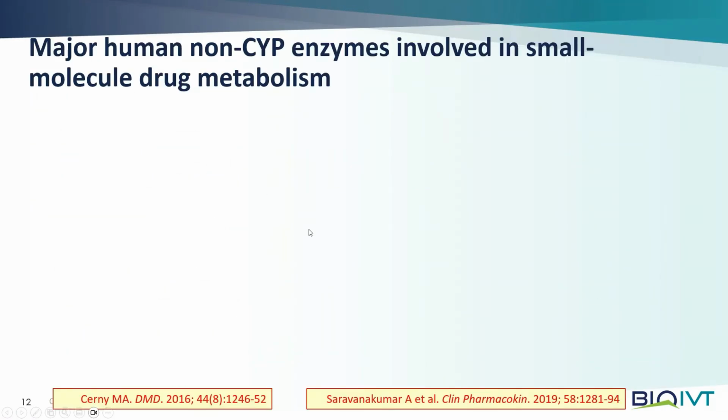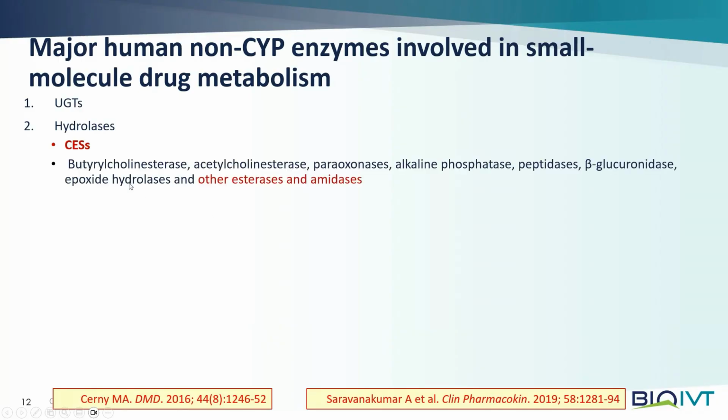So this is my top 10, and I want to break this down just a little bit with UGTs, number one, and then the hydrolases. And I'm going to call out certain ones, the carboxyl esterases I've already mentioned, and then also within the hydrolases, we've got a number of these that have come out, other esterases and amidase activities. There's a wide array of enzymes, and I've just provided some examples here.